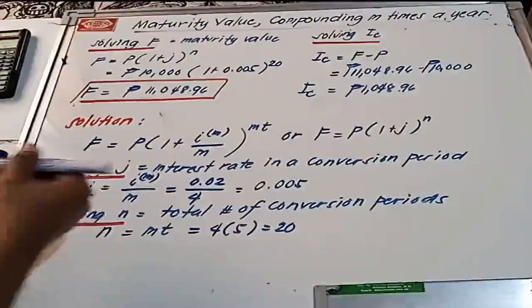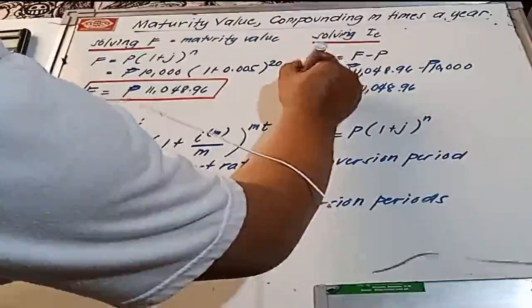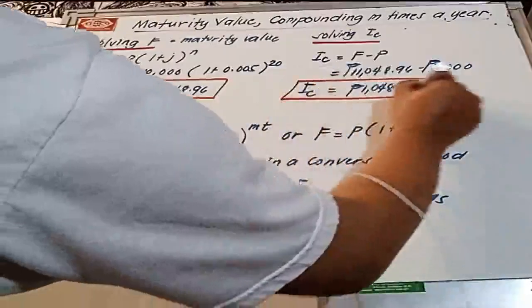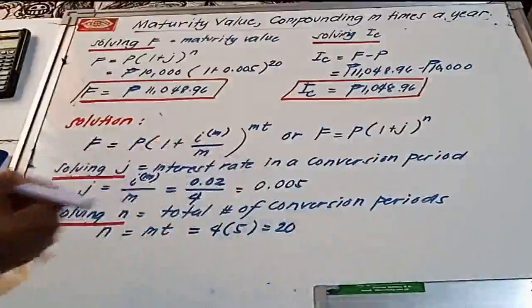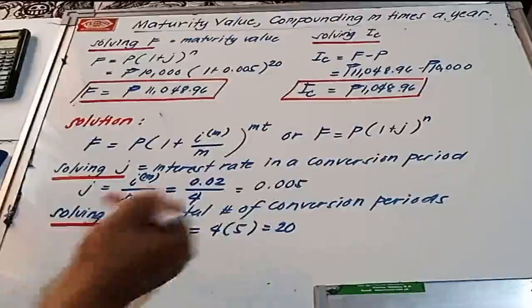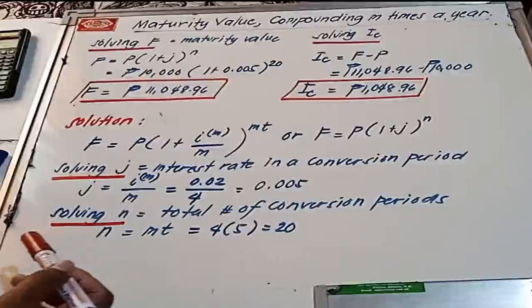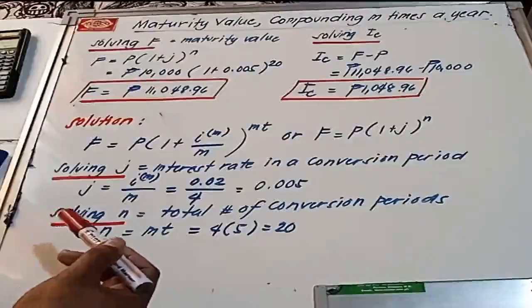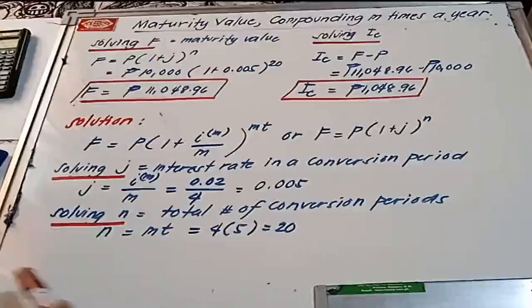Okay? So, ito ang kanyang nakuhang interest. So, that is how to determine the maturity value compounding m times a year and also the interest earned by the money using this formula F equals P quantity 1 plus j raised to n. So this is my first example about this topic.